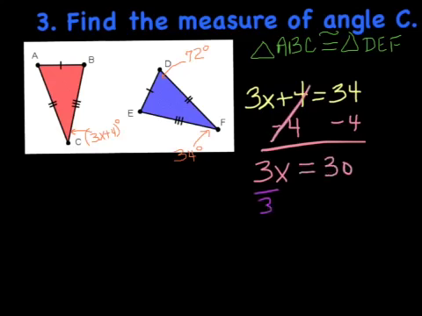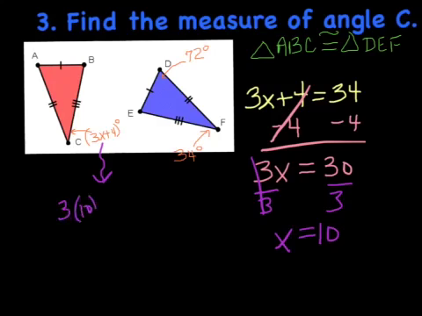Divide by 3. And we get that x equals 10. Well, I'm looking for angle C, so I'm going to go up here and plug in 10. So 3 times 10 plus 4 is 30 plus 4, or 34 degrees.